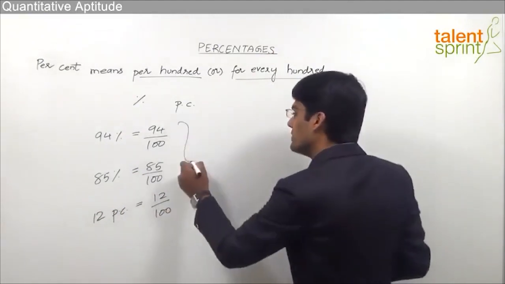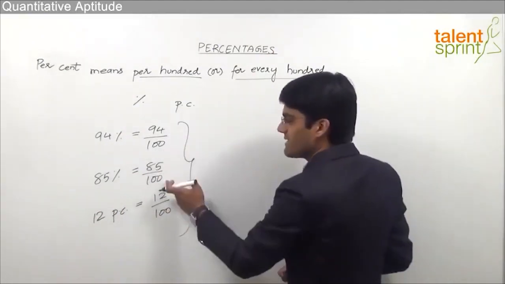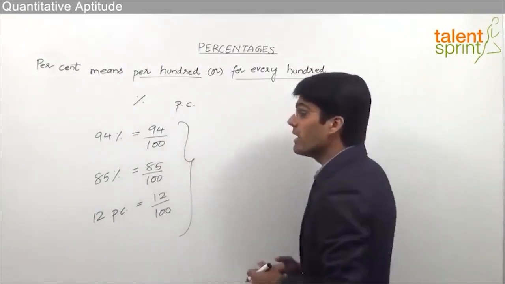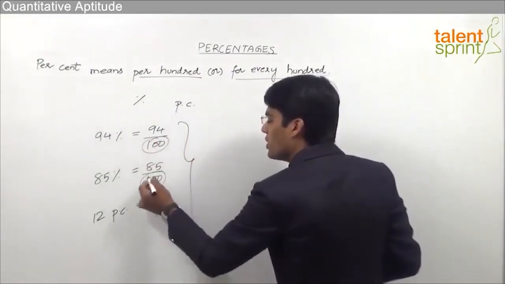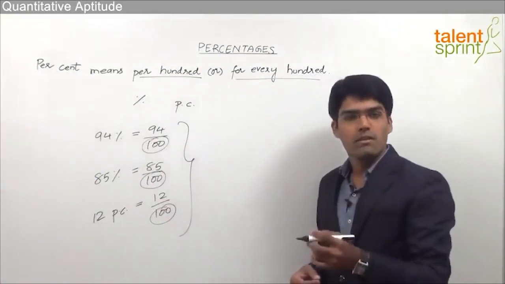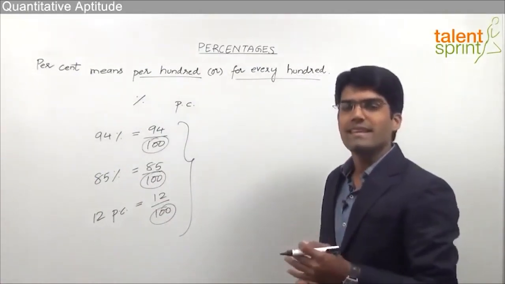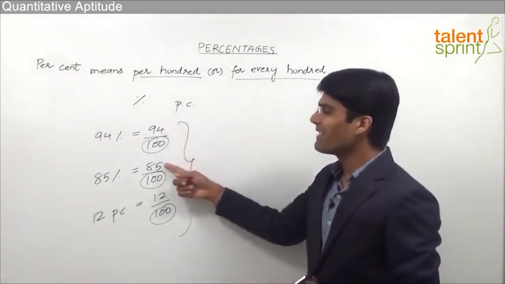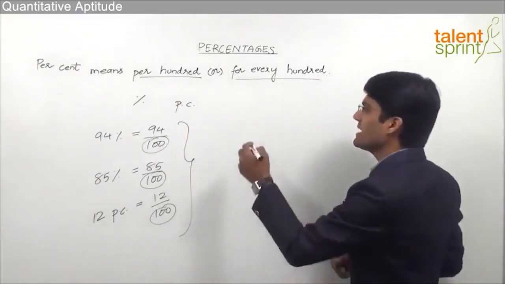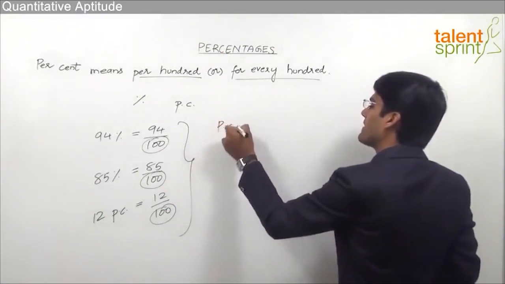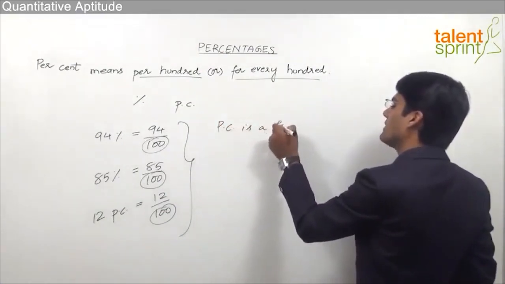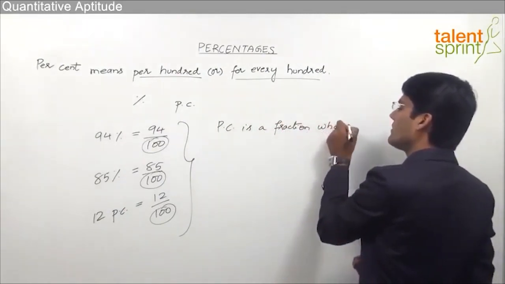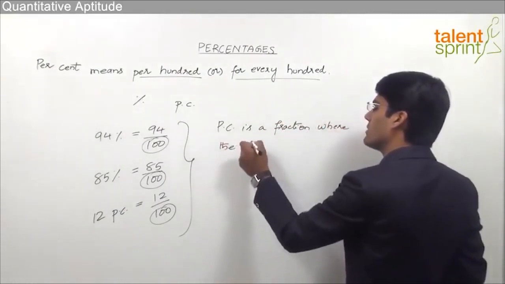So from all these values, you can see that percentages are nothing but fractions. Every percentage can be taken as a fraction where the denominator is always 100. So one other way of defining percentage is a fraction where the denominator is 100 and the numerator is called rate percent.